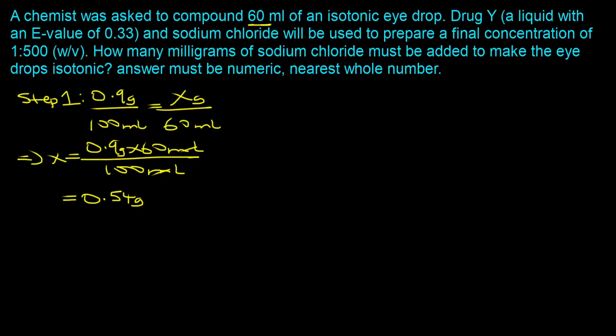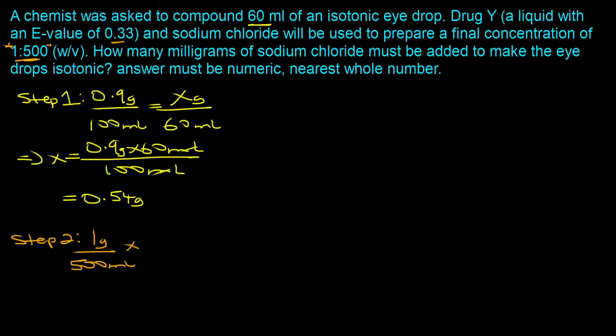Now we move on to step 2. And in step 2, we want to find the contribution from drug Y. Okay? But notice it's given as a concentration, 1:5,000. So we want to first find what that amount is in grams and then multiply that value by the E value. So we will take 1 gram over 5,000 milliliters, and we are getting this ratio from the ratio strength.